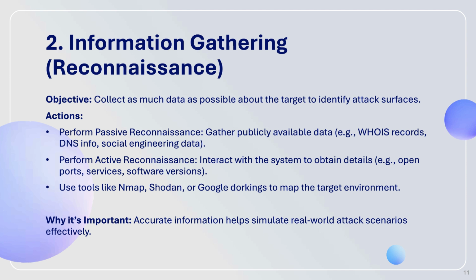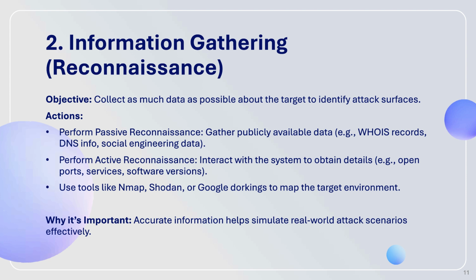So, the action to be taken here is to perform passive reconnaissance. This involves gathering publicly available data without interacting with the target system. Examples include using WHOIS records to get domain information, checking DNS records, analyzing data from social engineering or leaked documents.